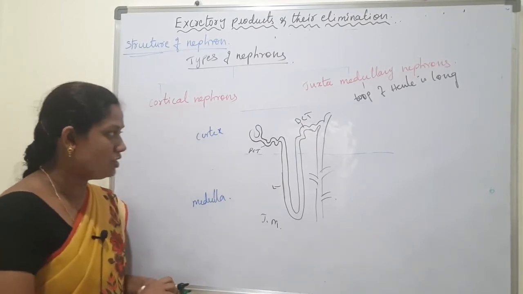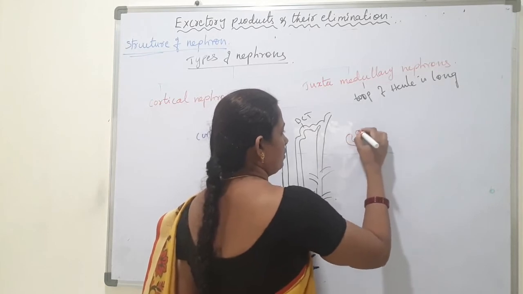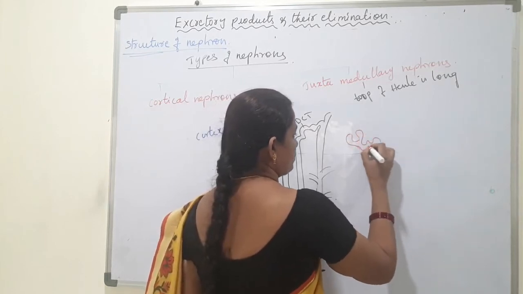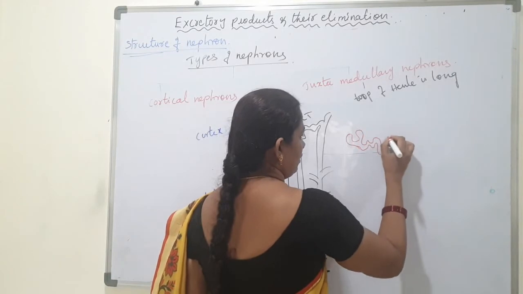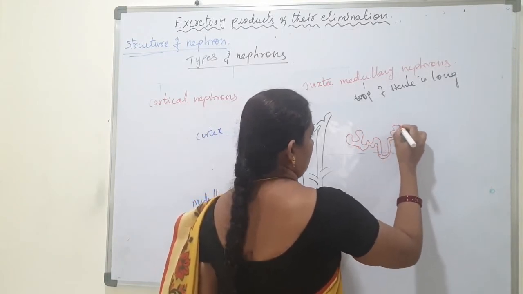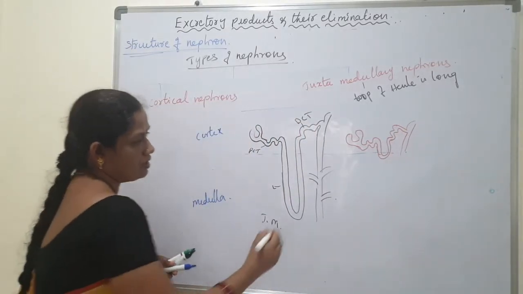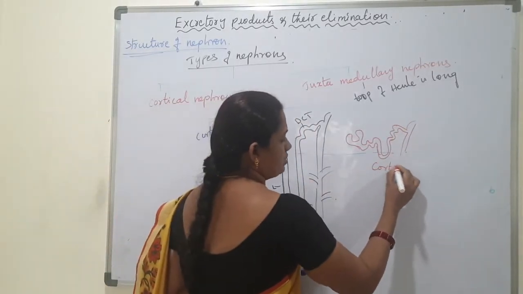Cortical nephrons means here we have the Bowman's capsule, next the proximal convoluted tubule, and the Henle loop is very short. So like this, these are cortical nephrons.